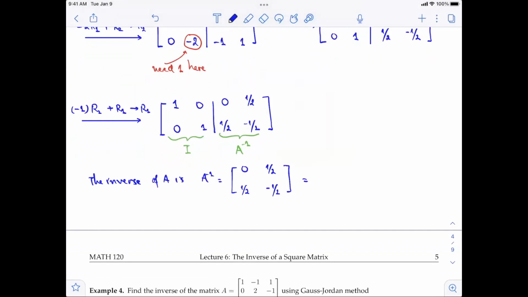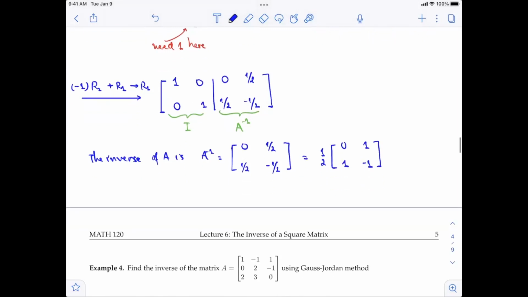Or you can simplify the writing by taking 1/2 as the common factor. You get 1/2 here, and we're left with 0, 1, 1, -1. Right, so that's the inverse of the matrix A.